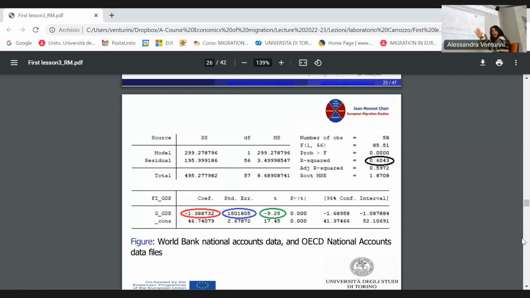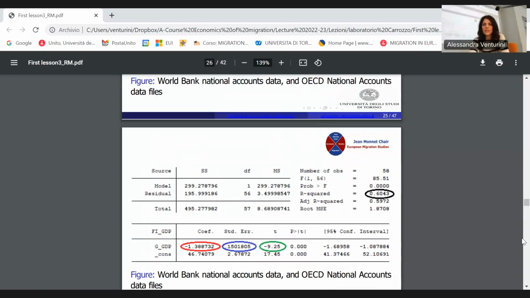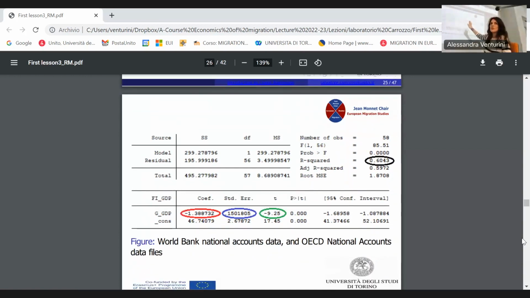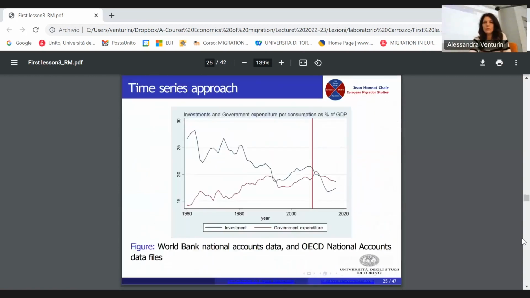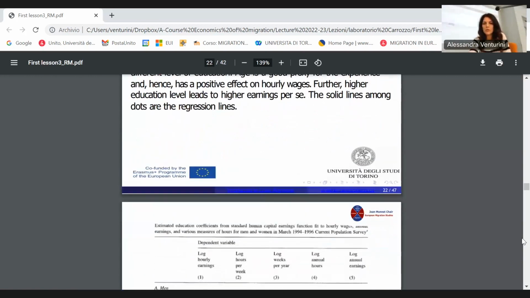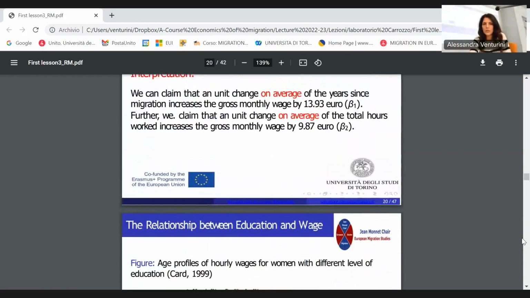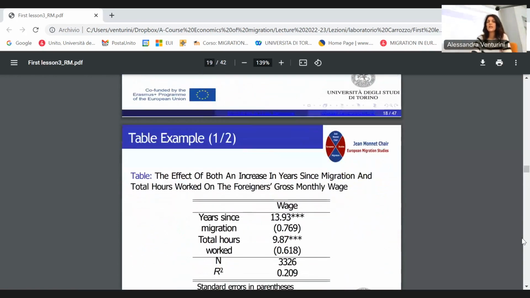This is a previous step of the final table, the previous table of this table, okay?